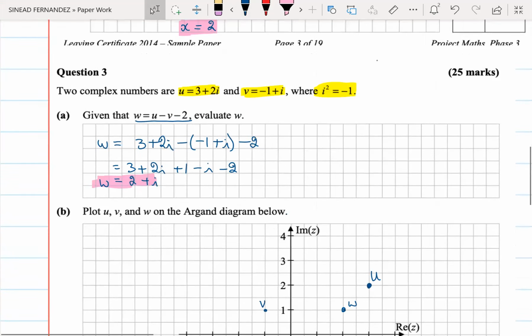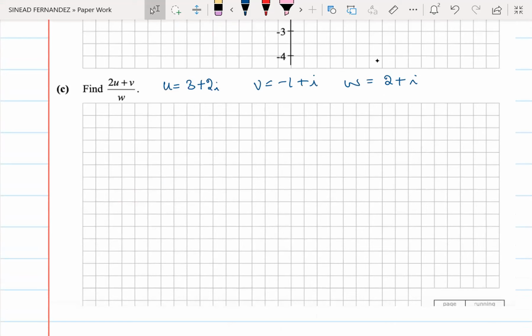Yeah. Okay, substitute these in. So 2u means 2 multiplied by u, plus v. Now there's 2 signs clashing there, so we can put brackets around like this. Over w, so it'll be divided by w.